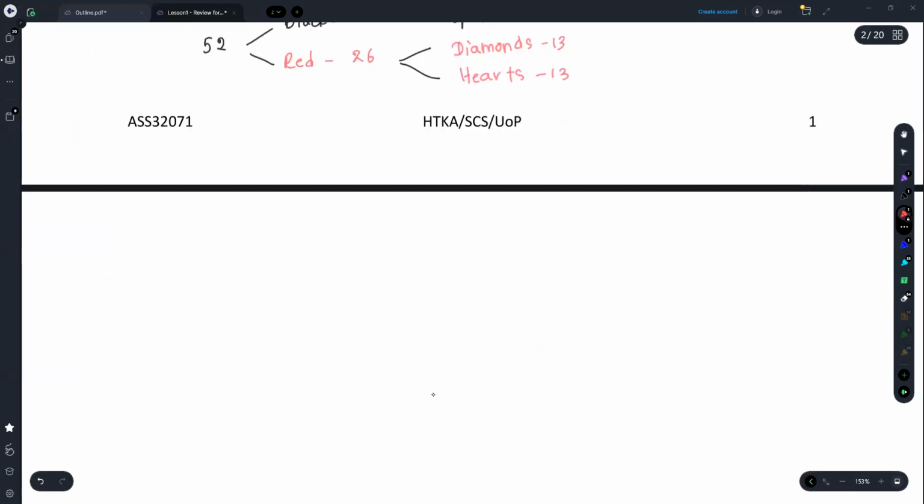What if you roll 2 dice together? What will be the sample space? Rolling 2 dice at the same time. How many items are there in your sample space?